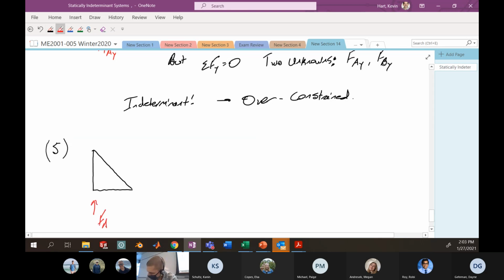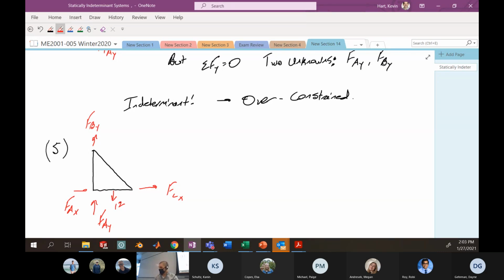Here's our pin at A. We had that reaction force here, pointing upward at B, and a reaction force here, pointing in the X direction at C. This is a very interesting one, because here we know this is 12, and you've got 4 unknowns, these 4 reaction forces, and we have 3 equations that we can work with. Interestingly, this one is actually underspecified, even though we have 4 unknowns.